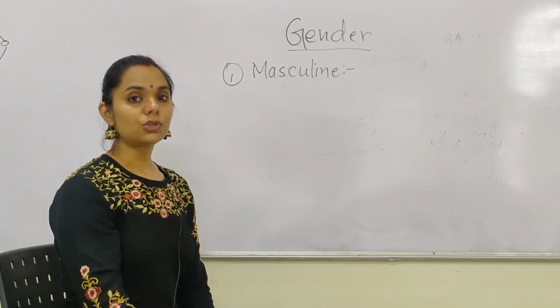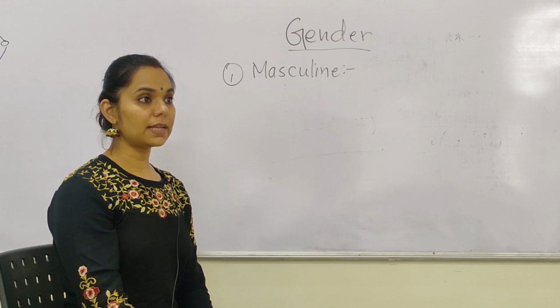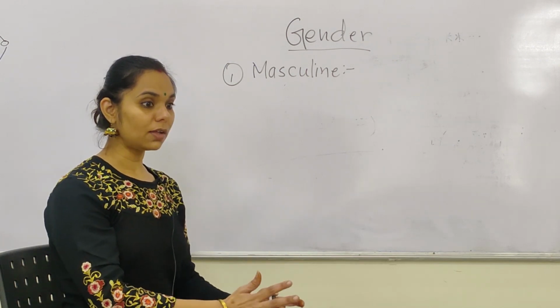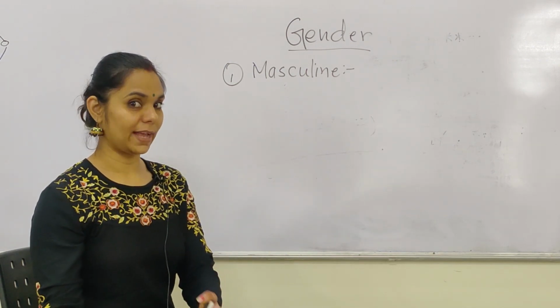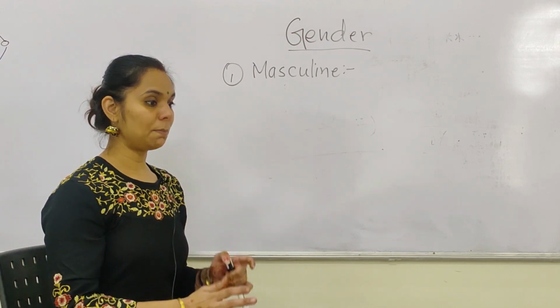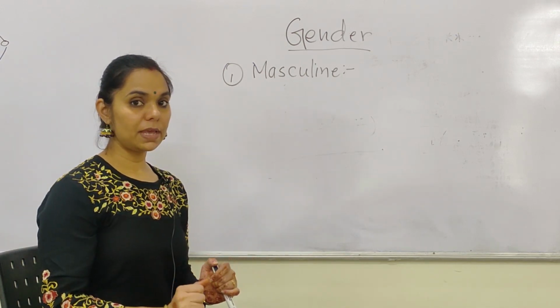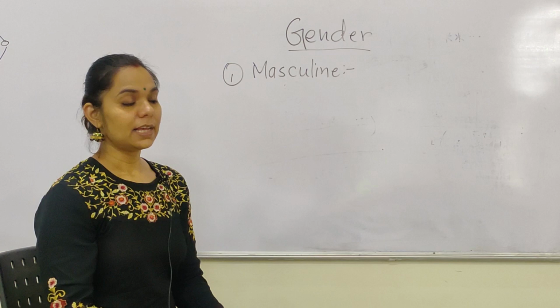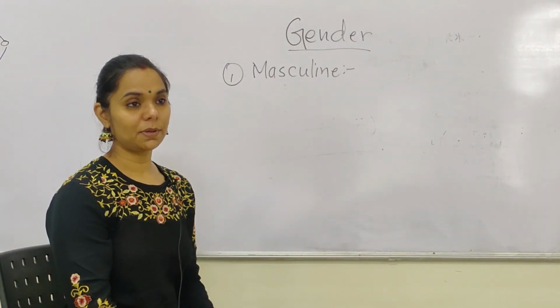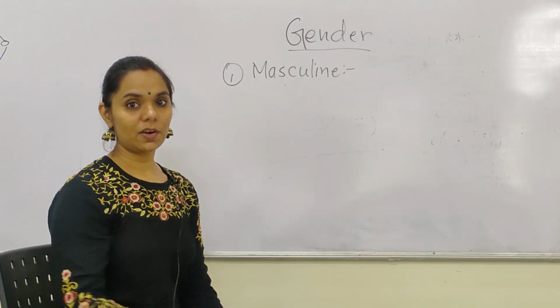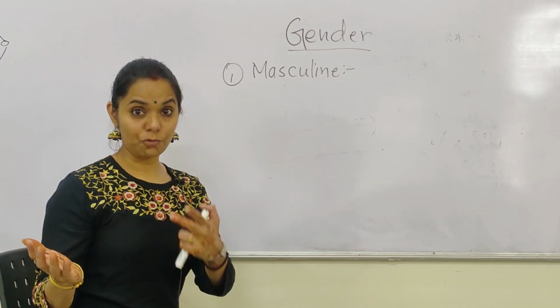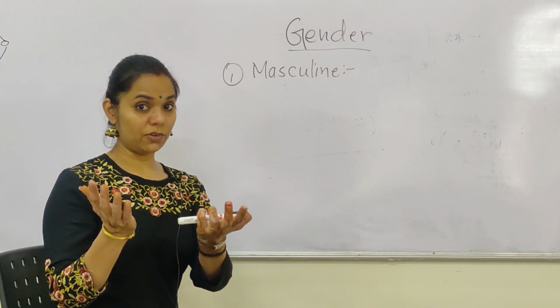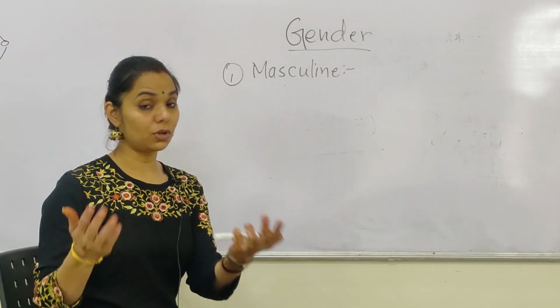If there is a male dog, there will be a female dog as well. If there is a male cat, there will be a female cat as well. So we have to explain it to them in this way that there are male and then there are female. These 2 genders you have to teach them together.